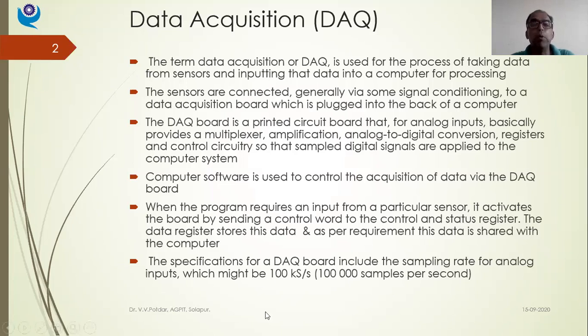The DAQ board is a printed circuit board for analog inputs. Basically, it provides a multiplexer, an amplifier, analog to digital converter, then registers for storage of data, and then control circuitry so that sampled digital signals are applied to the computer system.